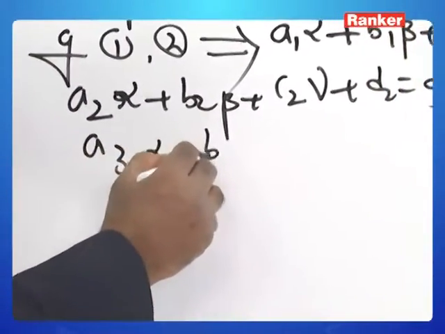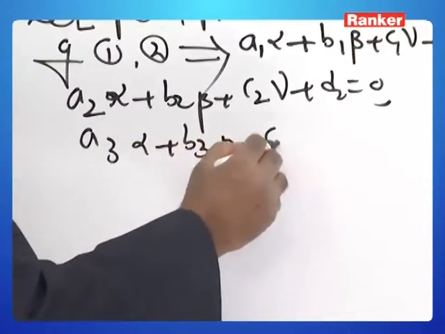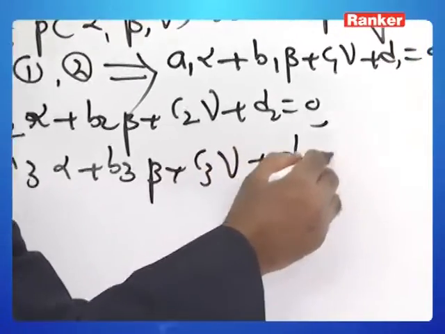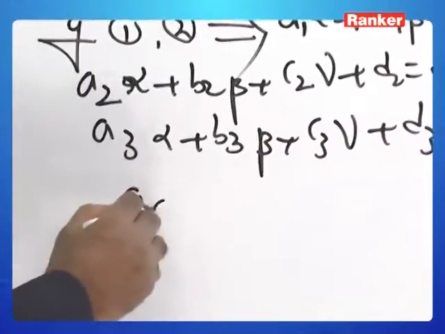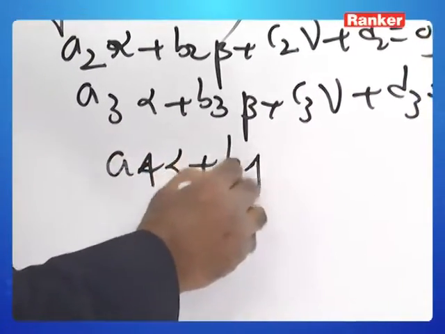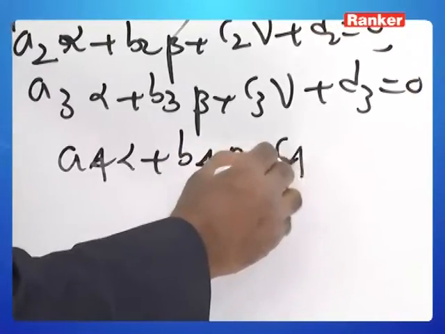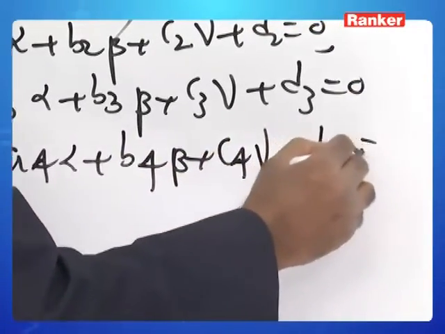Next, A3 alpha + B3 beta + C3 gamma + D3 = 0. Next, A4 alpha + B4 beta + C4 gamma + D4 = 0.